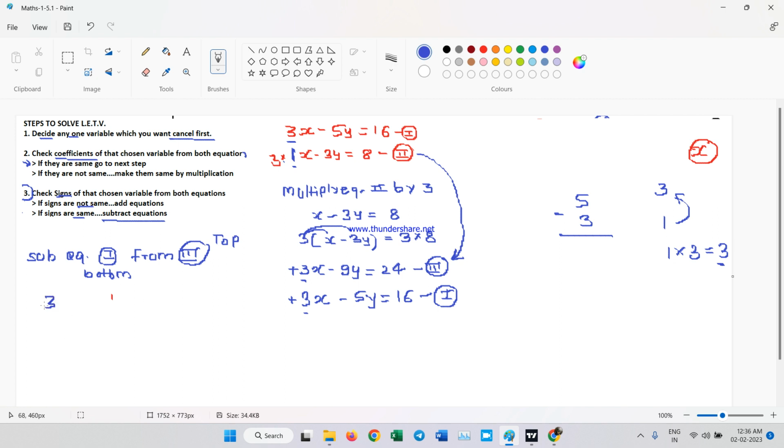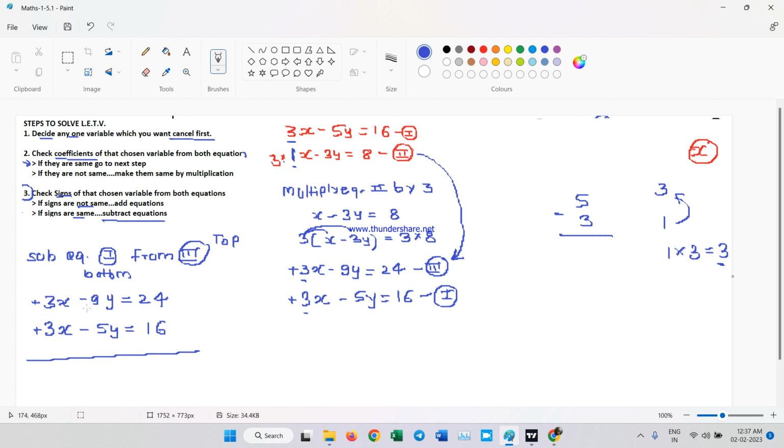So in this way: 3x minus 9y equals 24, and this is your 3x minus 5y equals 16. Now I will give the signs to all 6 terms.